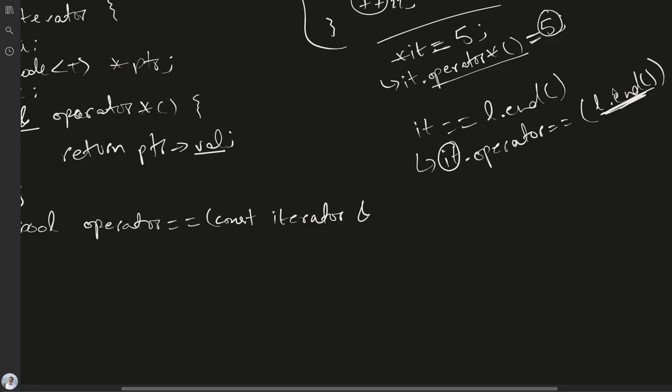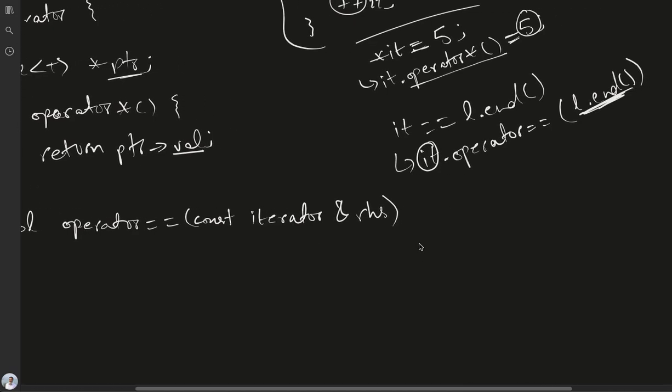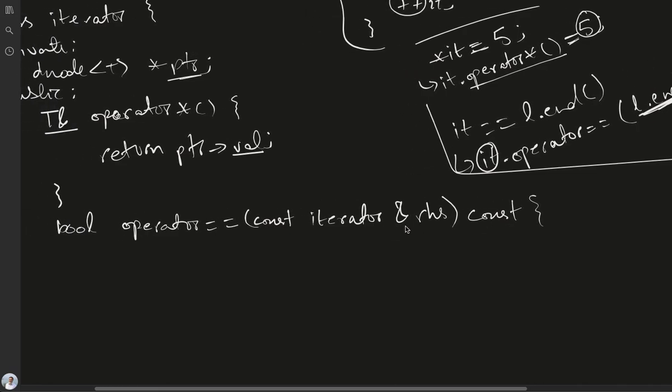We do not create a copy of it, we just pass it by reference, right hand side. And as we know that if a function is not going to change any member variable, in this case ptr, it should be a const function. So we make it read only so that we don't make any unwanted changes by mistake.